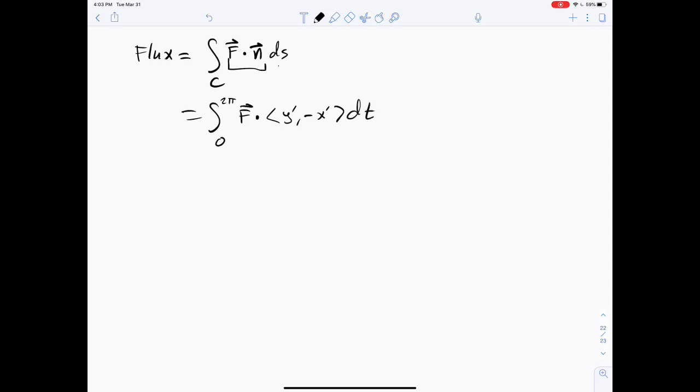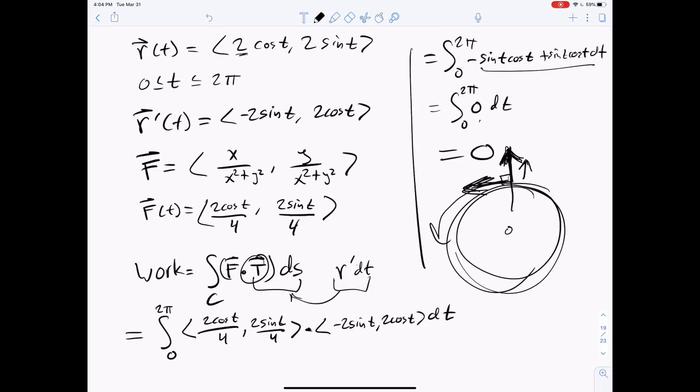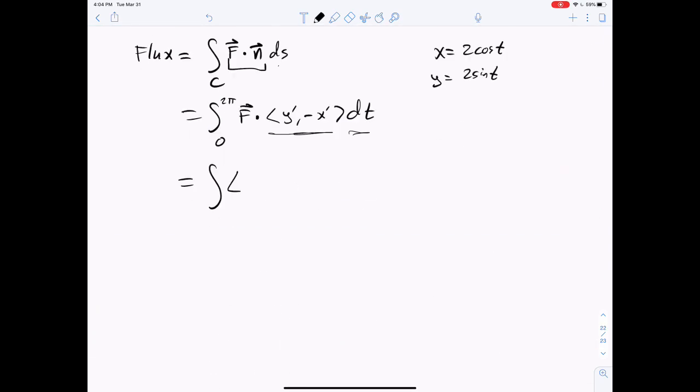And ds becomes this thing dt. Now what was x? x was 2 cosine of t, y was 2 sine of t, so my vector field should be the same as before: 2 cosine of t over 4, 2 sine of t over 4.